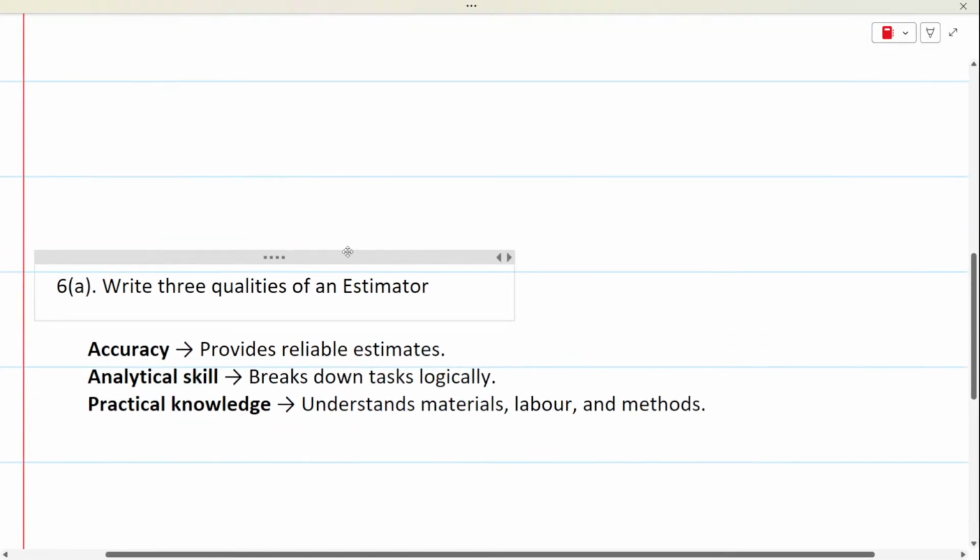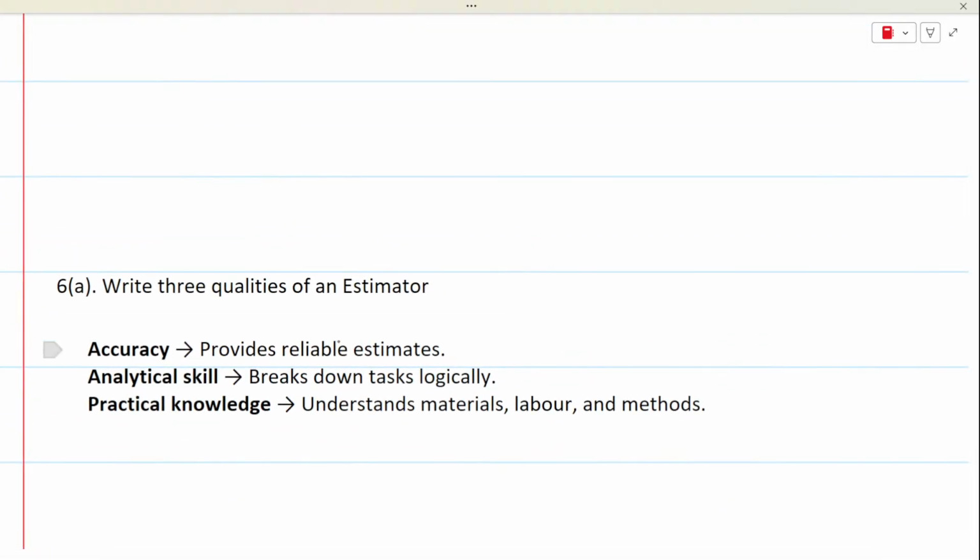Moving to next question. Write the three qualities of an estimator. Remember that this term estimator is a very important person. Reason is that you will be finding real-time applications of this role, especially when a factory is being installed or constructed, or any construction project is happening.